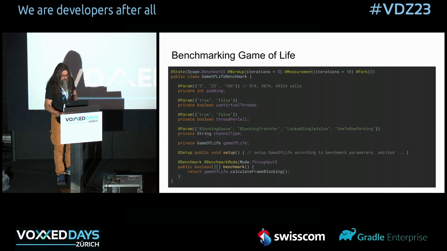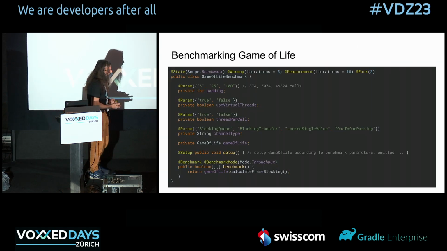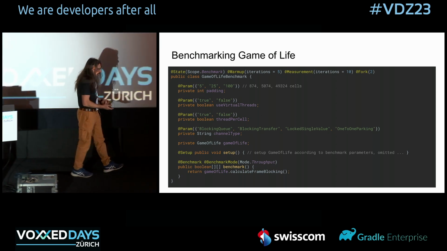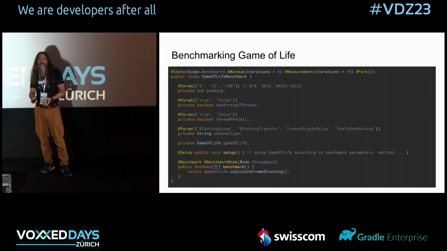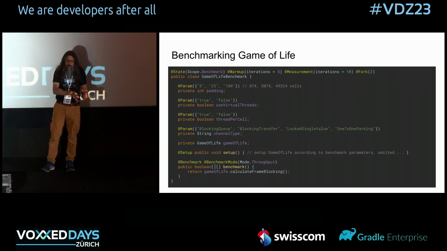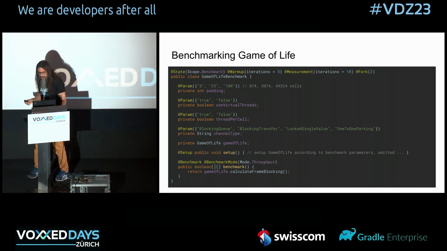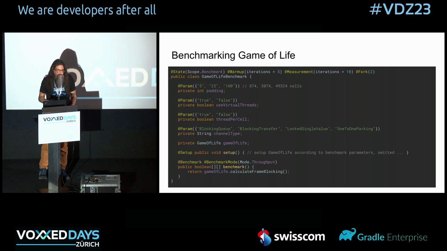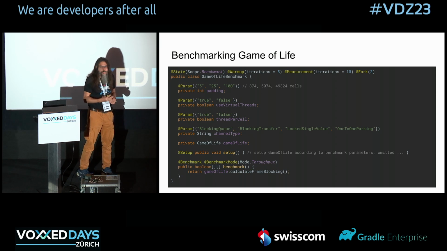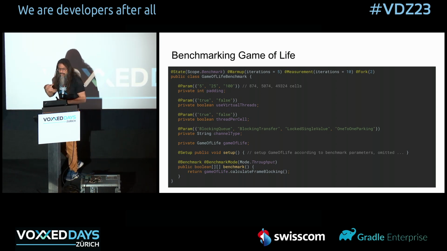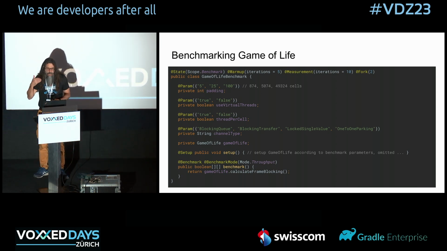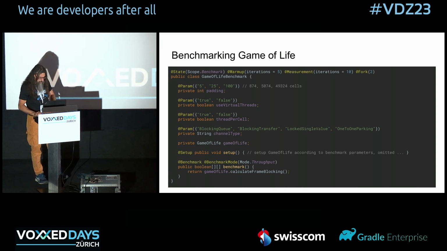So I started with this project, but I forked it. I really wanted to put it to work, and I wanted to compare how this works compared to native threads. So I changed this project quite a lot. I introduced a few degrees of freedom, and I put all these degrees of freedom at work with a JMH benchmark.